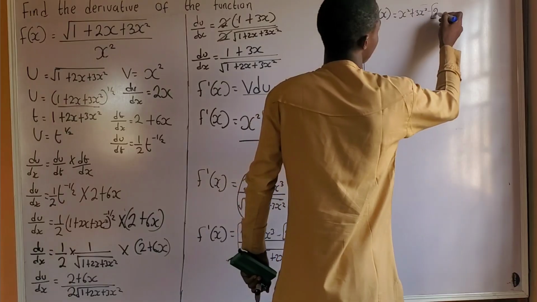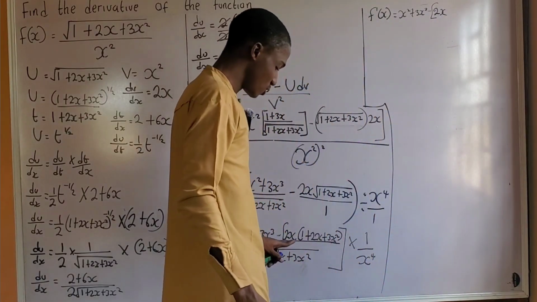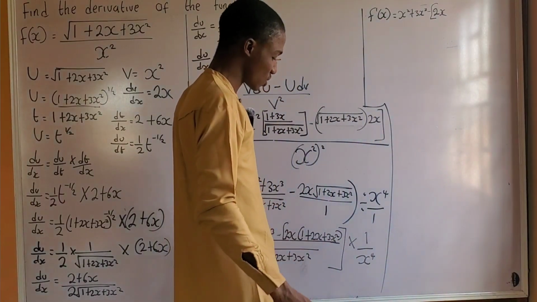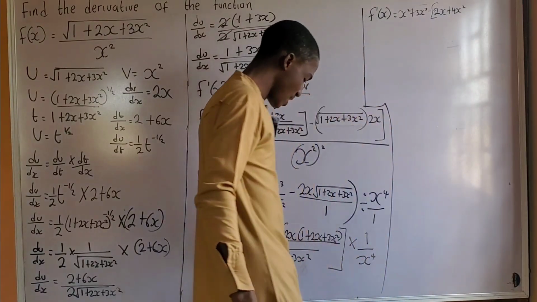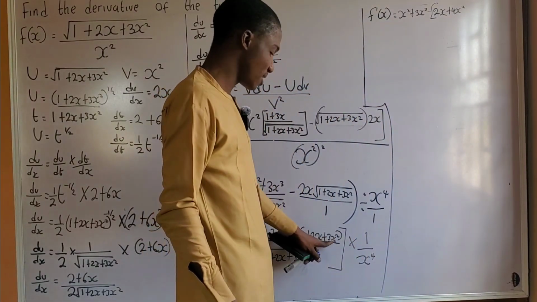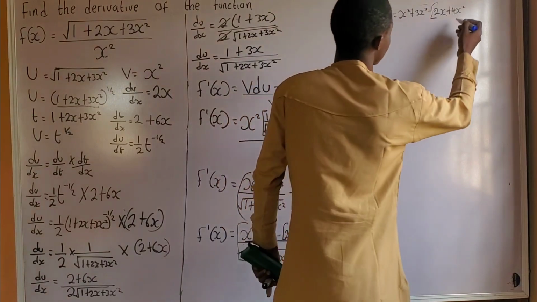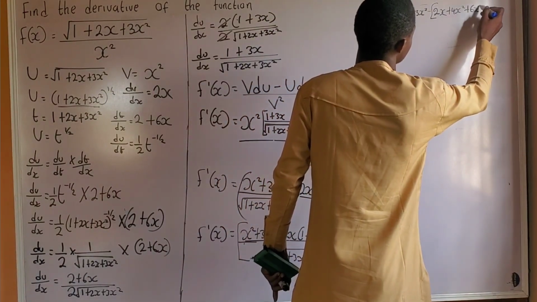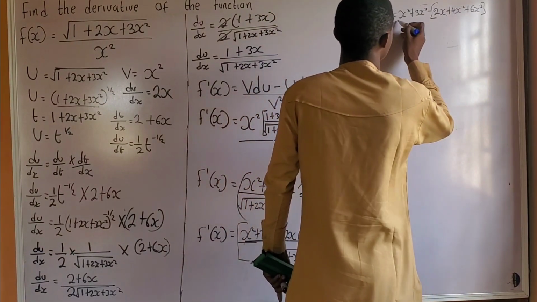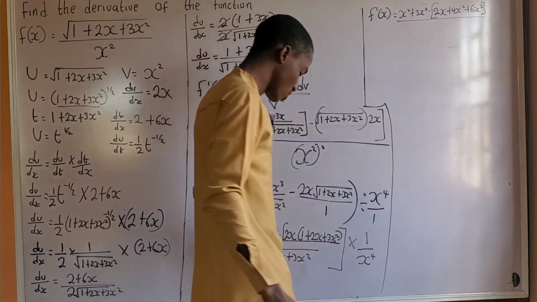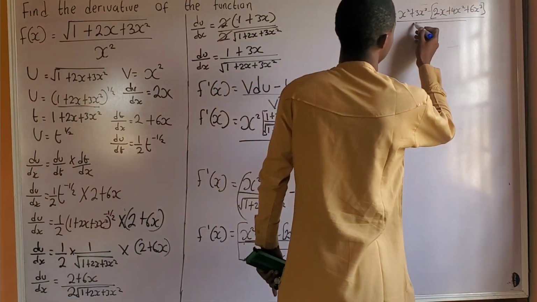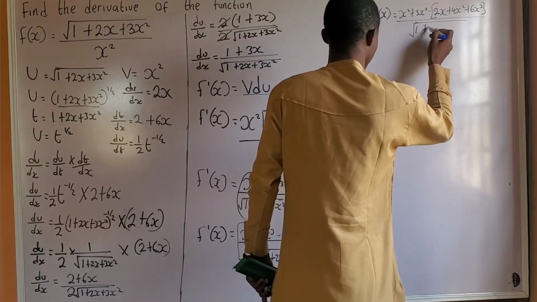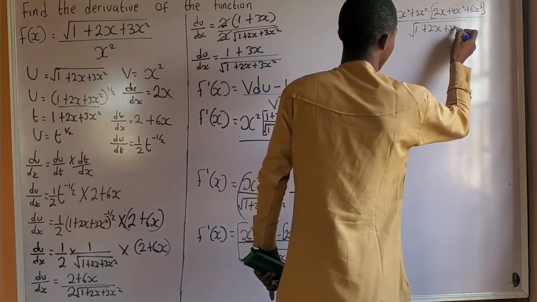So I'm going to have minus 2x. 2x times plus 2x, that is plus 4x squared. Then 2x times 3x squared, that is 6x cubed, plus 6x cubed. This all over the square root of 1 plus 2x plus 3x squared, all over the square root of 1 plus 2x plus 3x squared.